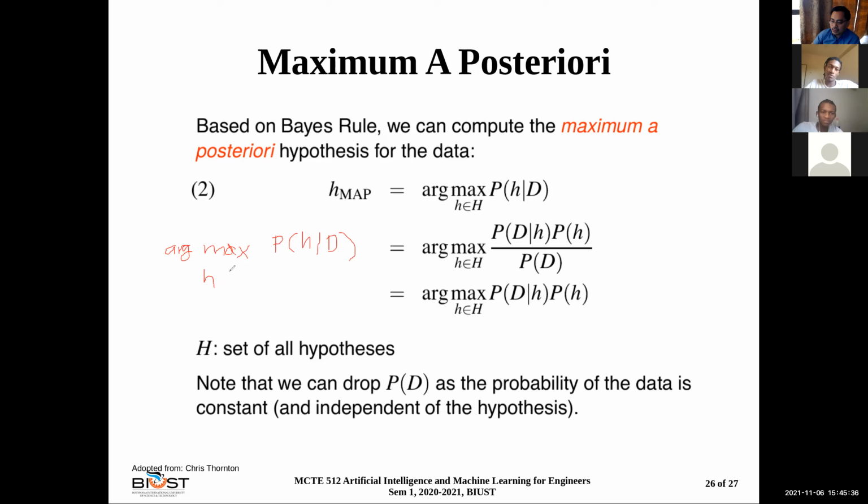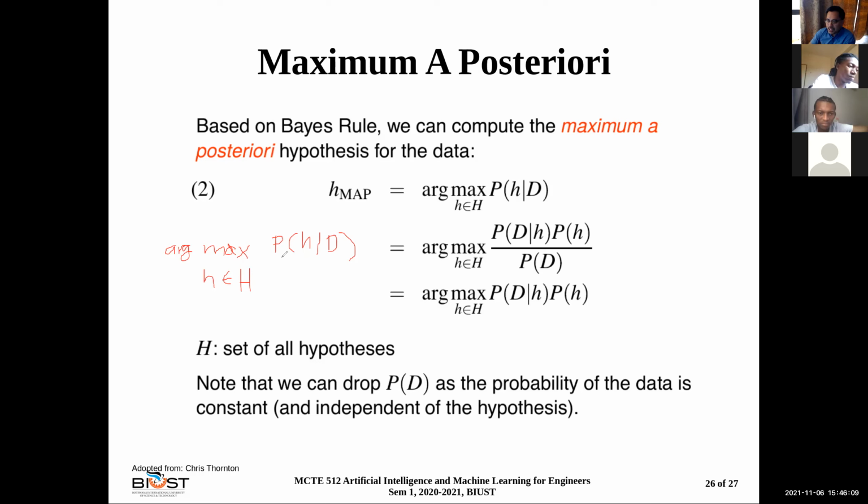That H given a big H. So the meaning is you are taking the maximum argument, the maximum of the result. What is the result that gives us the maximum value? So in this case here, there are many cases of H's.